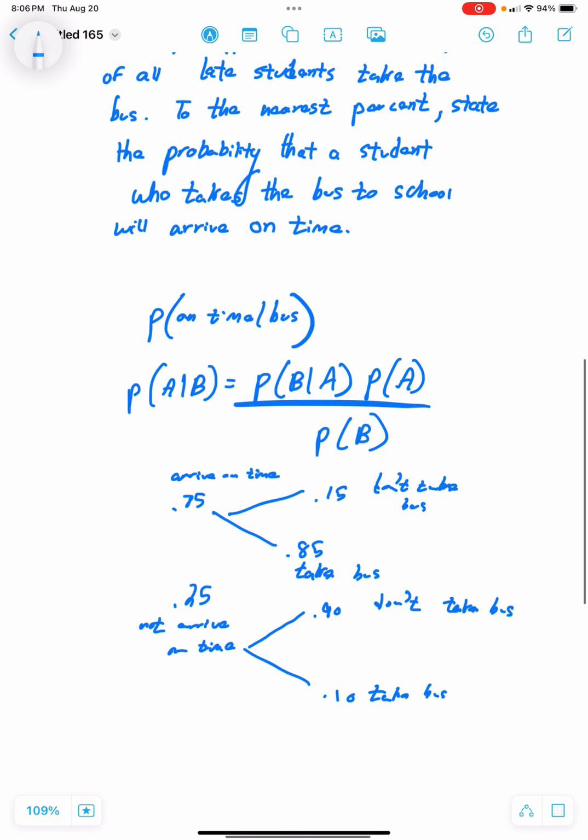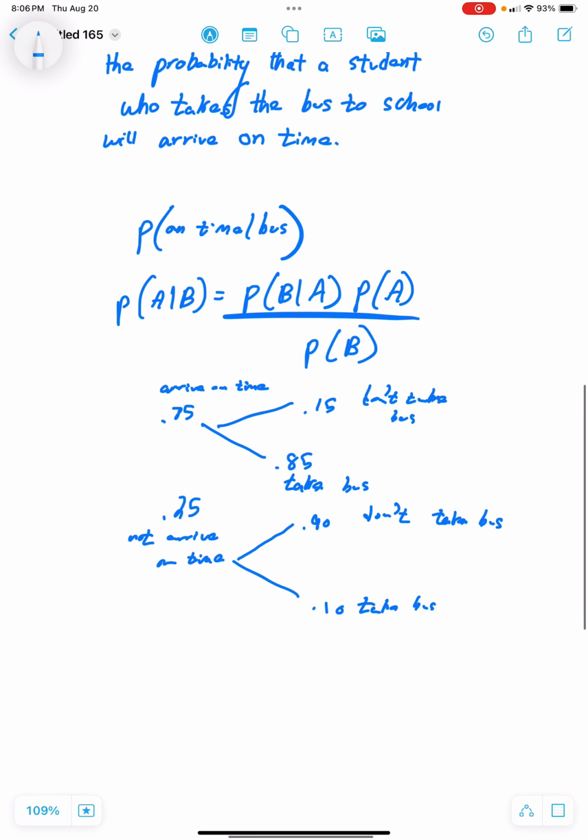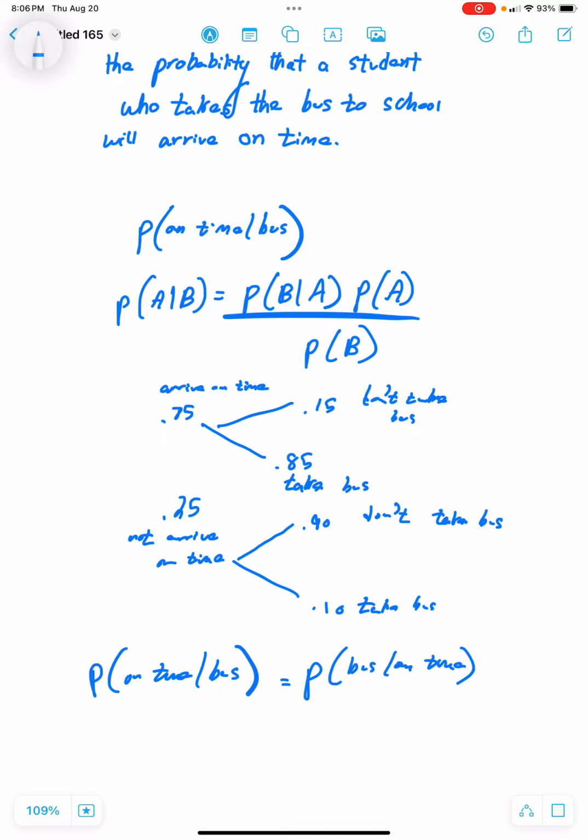Now we want to state the probability that a student who takes the bus to school will arrive on time. So this is the P of B given A. So now I can essentially write the P of on time given a bus is equal to P of bus given on time times P of on time over P of bus.